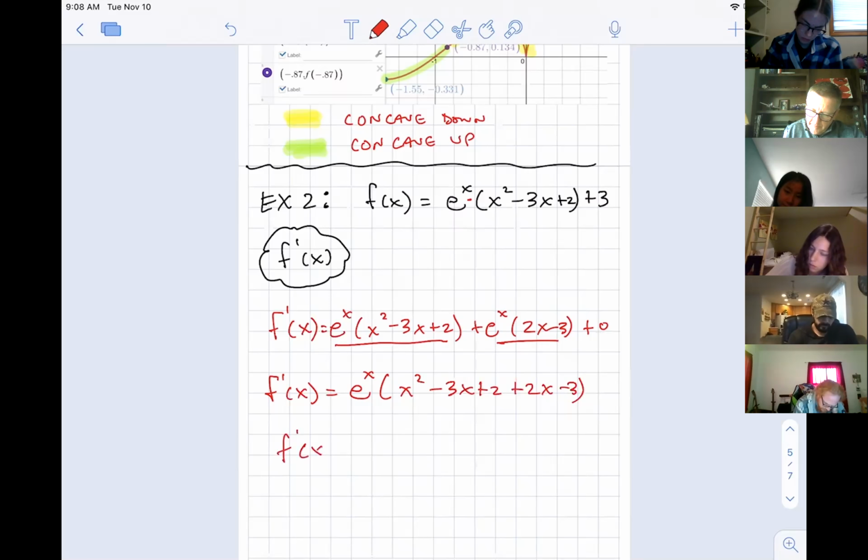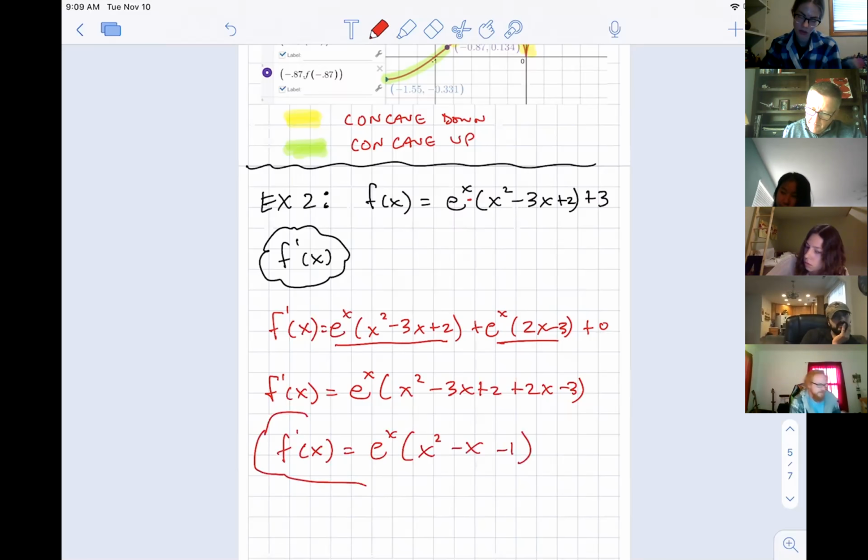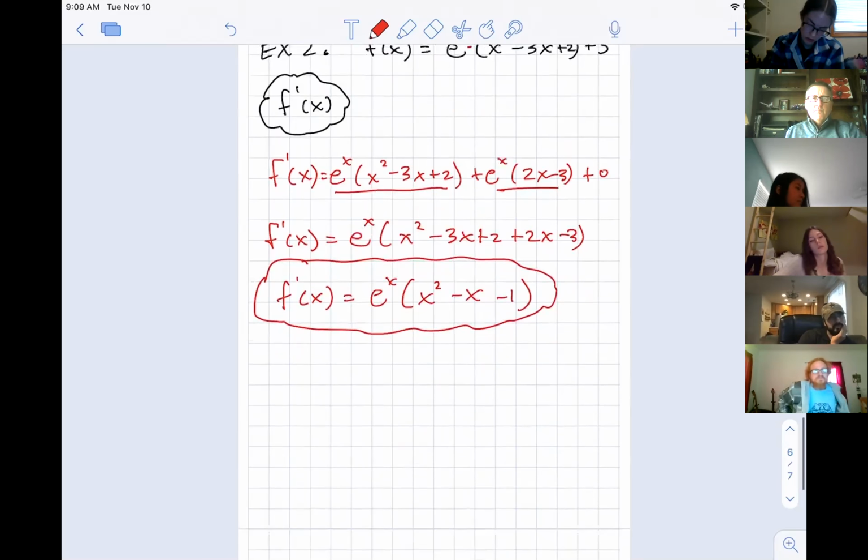So my derivative is equal to e to the x times x squared minus 3x plus 2x, and then plus 2 minus 3. That's my first derivative. Junk times junk.